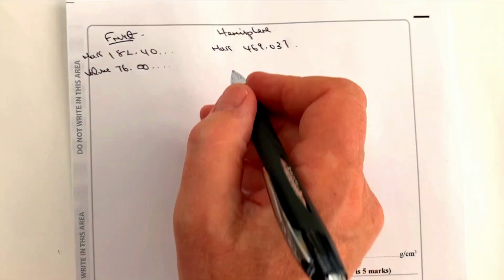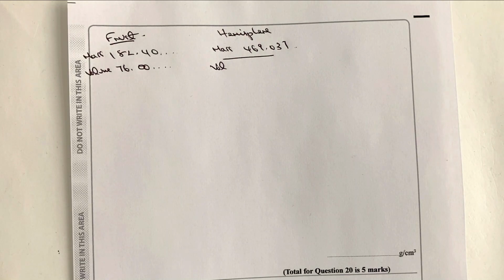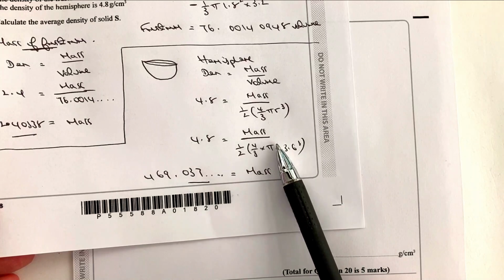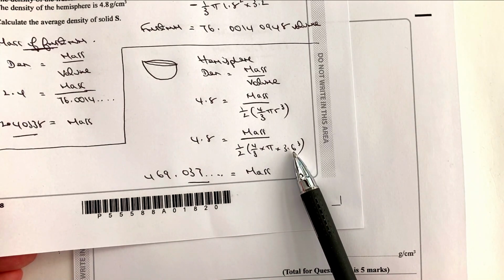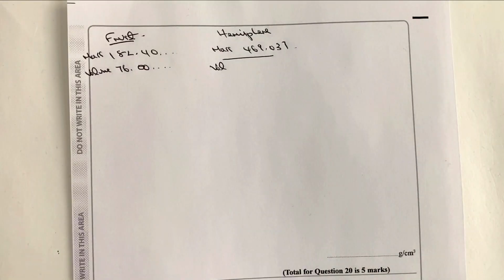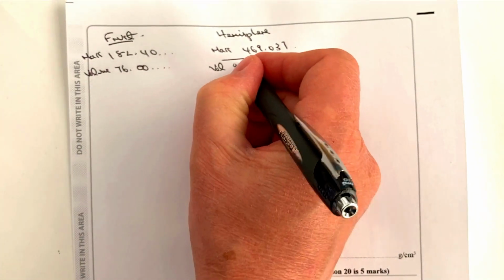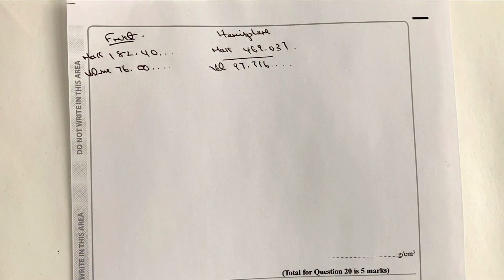Then we also looked at the volume of the hemisphere. The volume of the hemisphere is going to be all of this number put together here. If you work that out in a calculator, I did skip a stage there, I've just realized, you're going to get the volume of the hemisphere as 97.716... something.